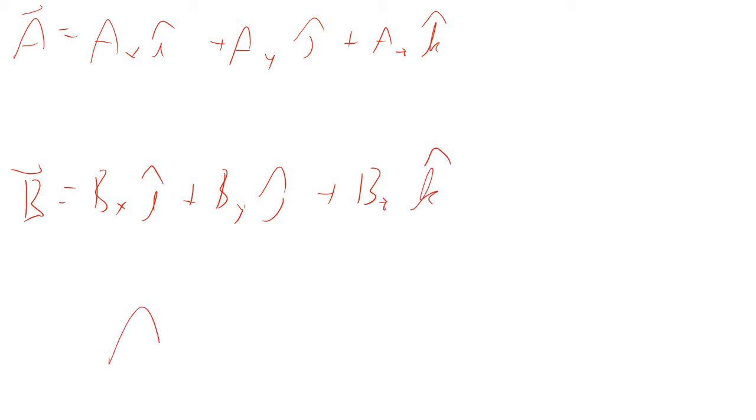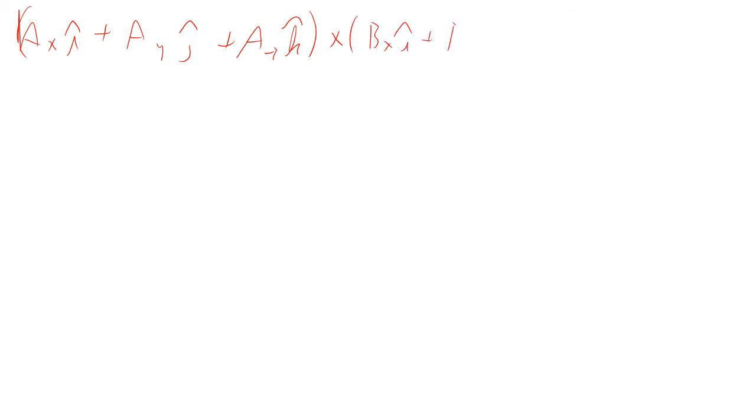And I want to know what happens if I have A cross B. Well, A cross B is going to be AXI plus AYJ plus AZK cross BXI plus BYJ plus BZK.